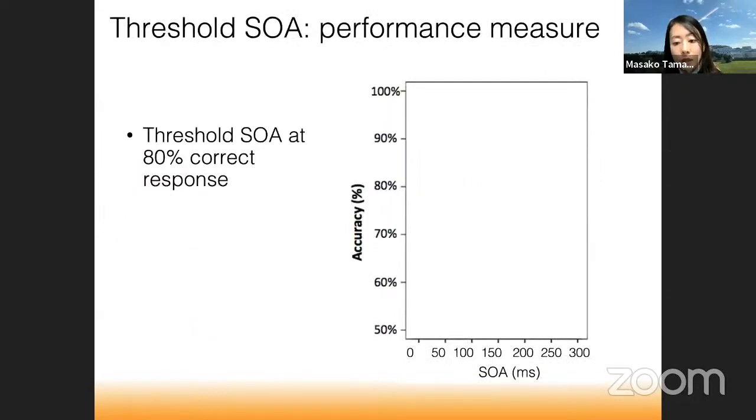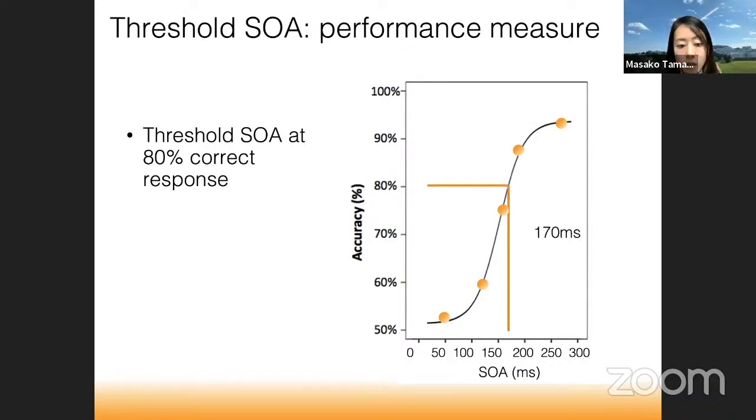So we presented many trials with various SOAs, and we measured subject response accuracy for each SOA, like this. Then we plotted a cumulative Gaussian function to obtain the threshold SOA, at which 80% accuracy is marked.